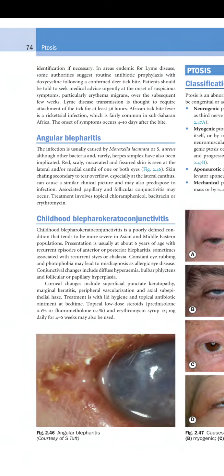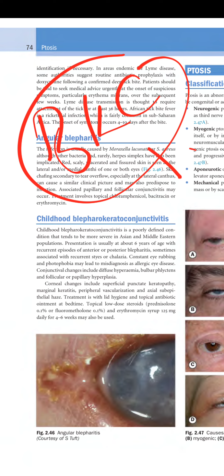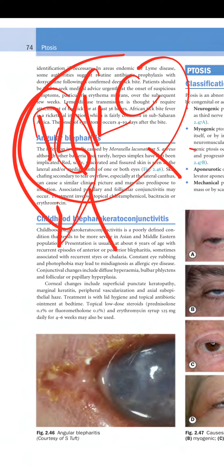So basically, BKC is a condition of childhood in which everything is affected. Blepharitis means the lids are affected, kerato means the cornea is affected, and conjunctivitis means the conjunctiva is also affected.